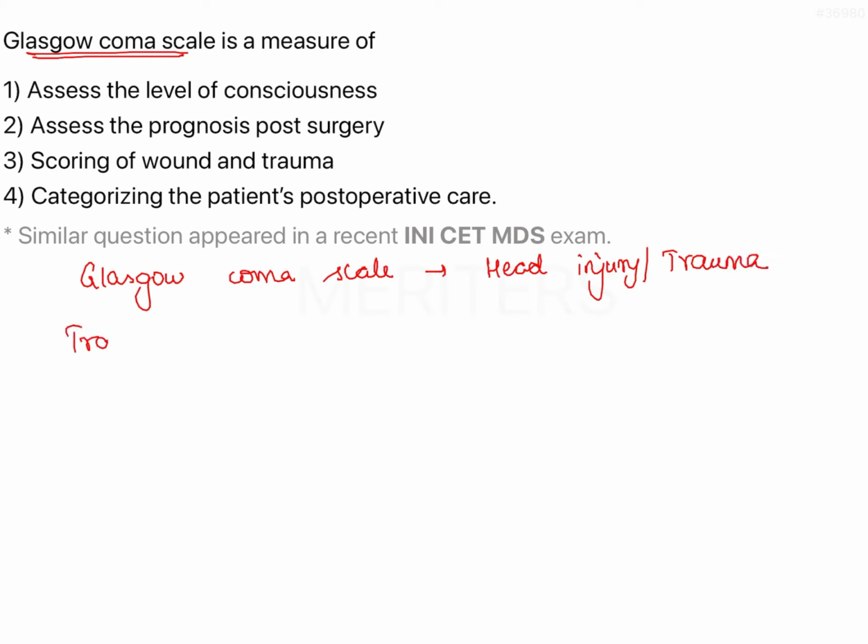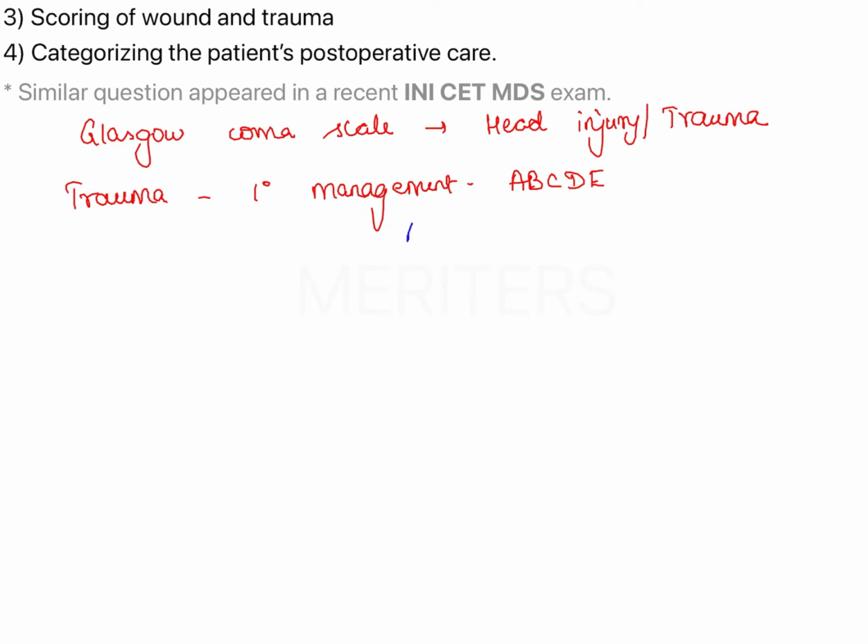In case of a trauma, the primary management includes 5 important things. What are they? A, B, C, D and E. So what do A, B, C, D and E stand for?